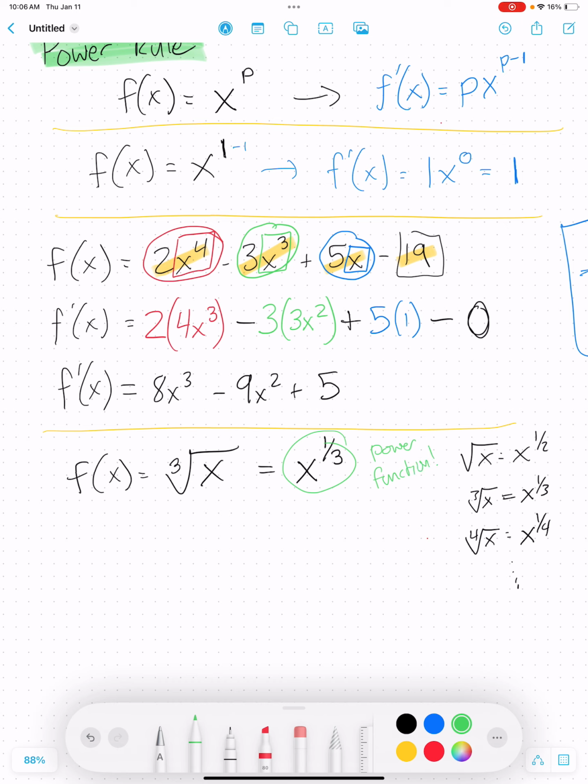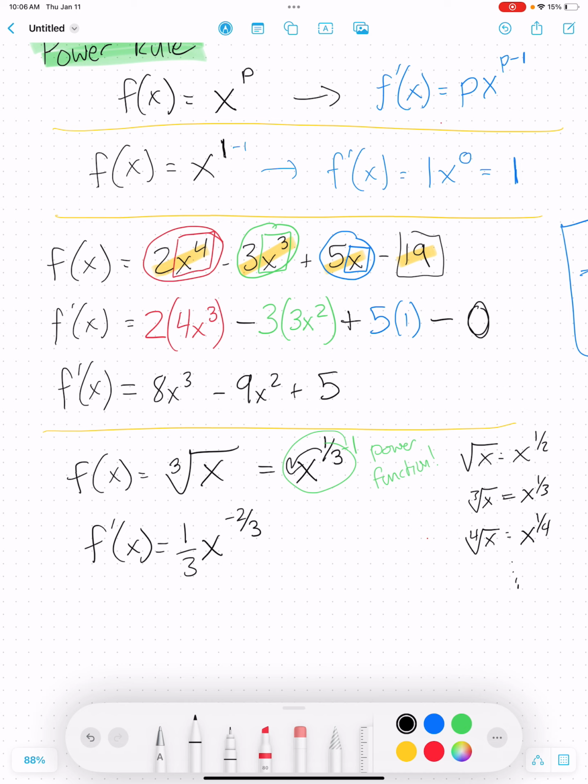And that means I have a nice rule for calculating the derivative. So, my derivative, I'm going to bring the exponent down, 1/3 x, and then I'm going to subtract 1 from the exponent. What's 1/3 minus 1? Careful, it's not 0/3, because that would be subtracting 1/3. 1/3 minus 1 is going to be negative 2/3.